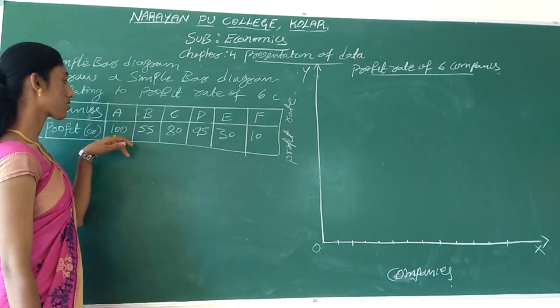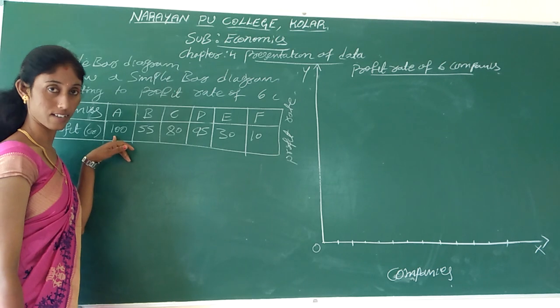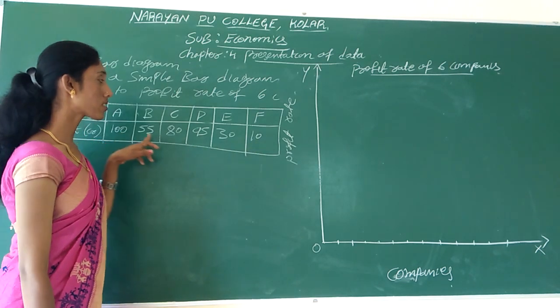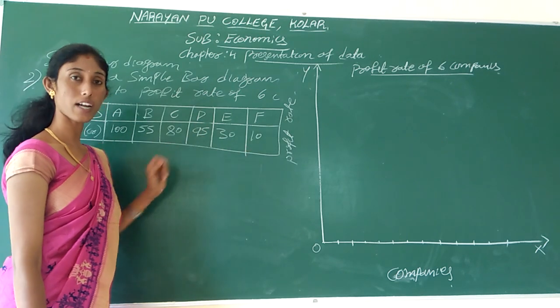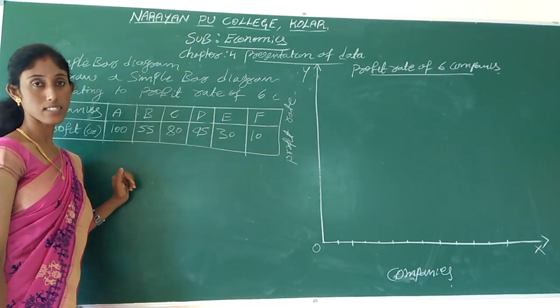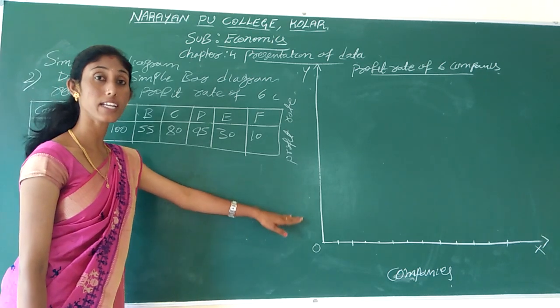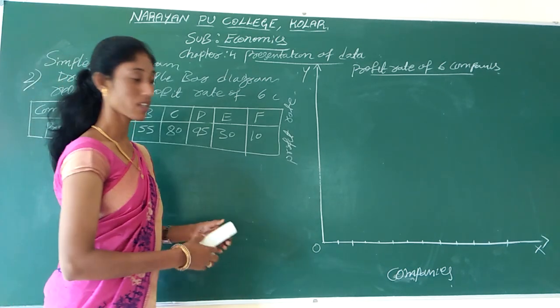And also we need to take an interval for the profit rate. The data's maximum value is 100, the lowest value is 10. Then to represent this range of data, we will take 10 as a class interval. It means point to point we are taking 10 as a gap.